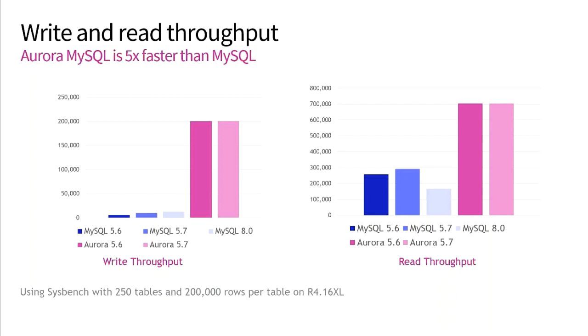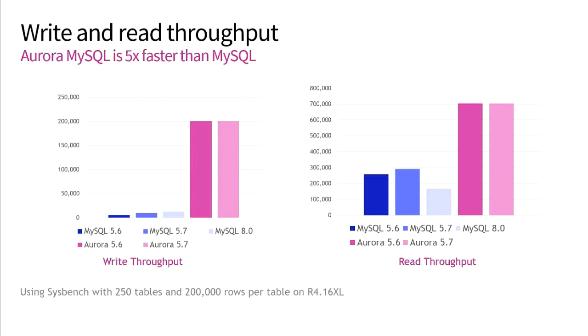It's not always exactly 5 times faster, but I would say the majority of cases we've seen that it's much faster than a standard MySQL database. And these are some comparisons of different versions of MySQL and Aurora, and you'll see that the Aurora benchmarks have come out generally much faster than standard MySQL databases, but it's something that you would want to test on your own.